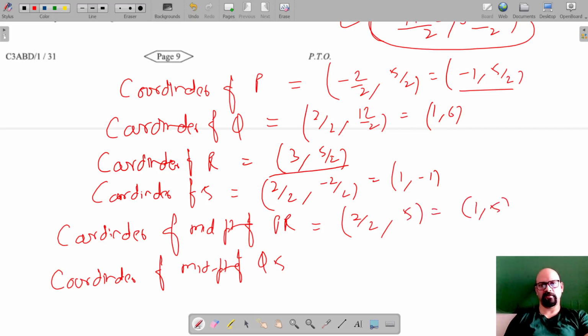So the coordinates of the midpoint of diagonal PR: -1 plus 3 is 2, so 2 divided by 2 is 1.